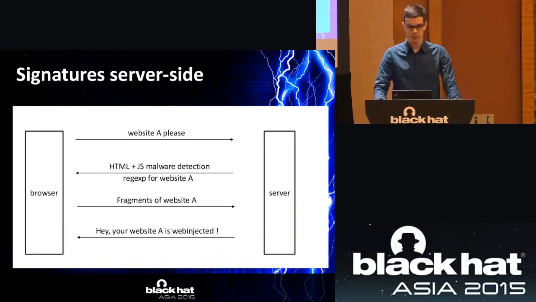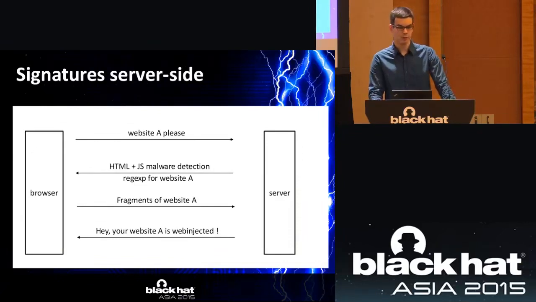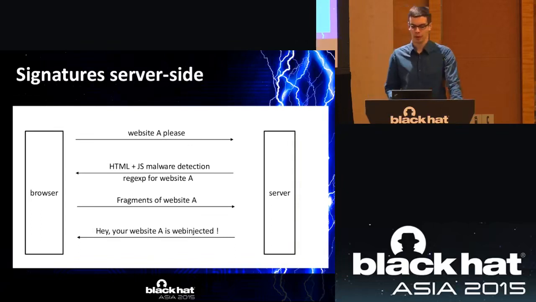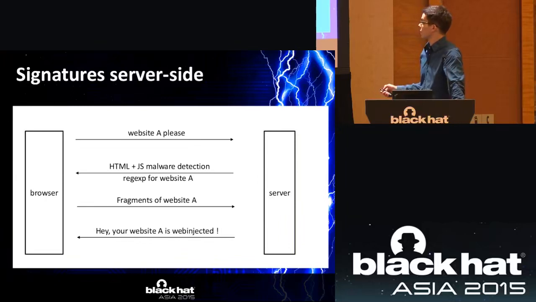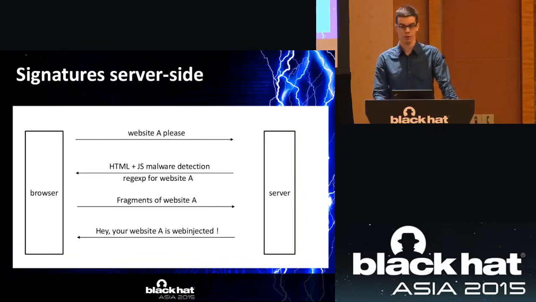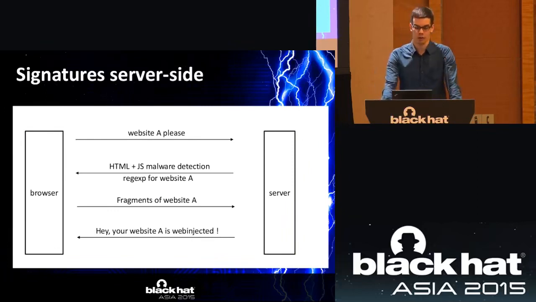Okay, so let's talk about signatures. There we spotted two ways of doing signature checks. The first scheme is like this. A user navigates to some site, and gets all the HTML, CSS, and JavaScript related to that site, and in there is the logic of the anti-malware solution.